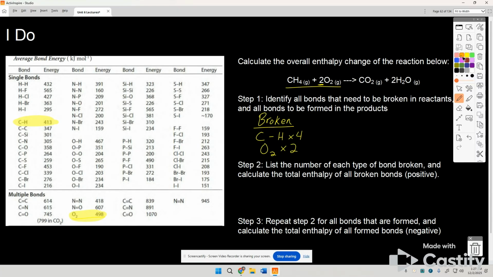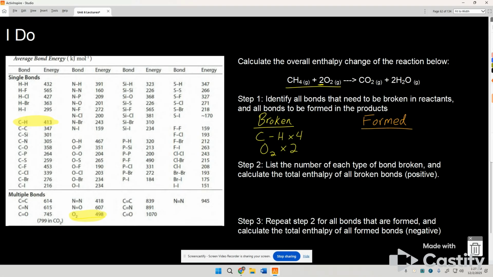So, now that I've done my bonds being broken, I'm going to look at my bonds formed and see how many of those I have and what kinds. Well, in CO2, we have carbon-oxygen bonds. Now, a big question. Are we doing carbon-oxygen single bonds, or are we doing carbon-oxygen double bonds? Well, you should see something in here that's going to give you a hint to that.